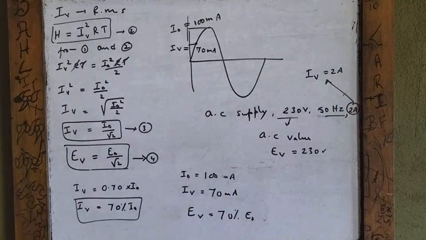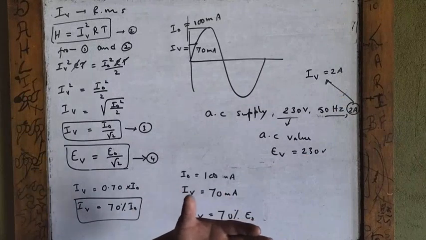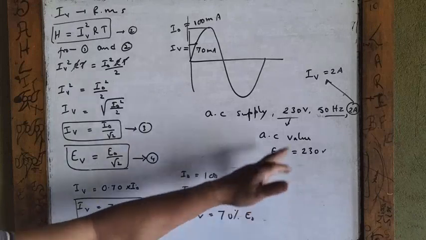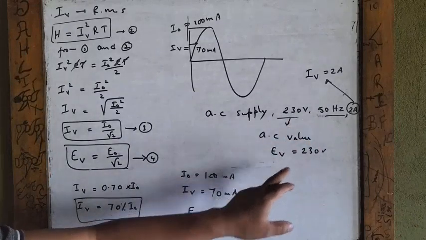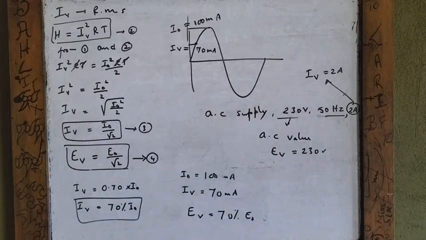When I say the alternating voltage of the AC supply is 230 volt, it always means the root mean square value. Okay, so this is how the root mean square values are related with the maximum values of the alternating current and voltage. Okay, so I hope this topic is clear, and we shall continue in the next video.